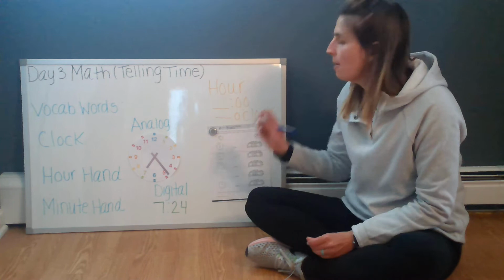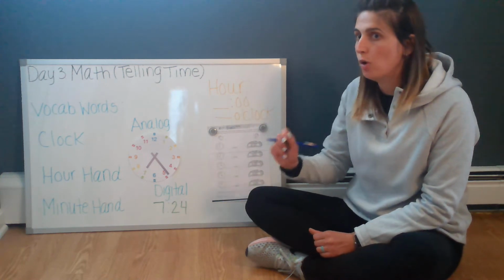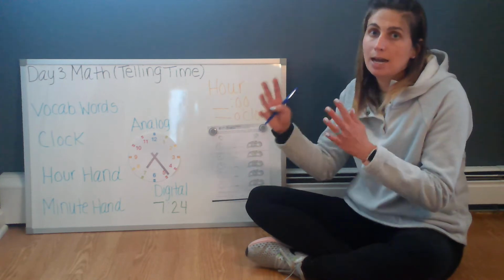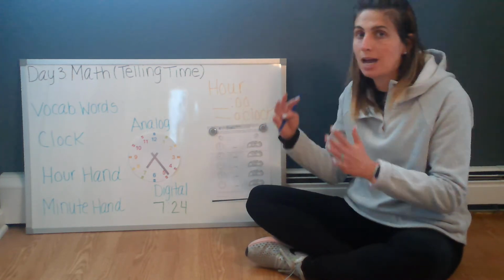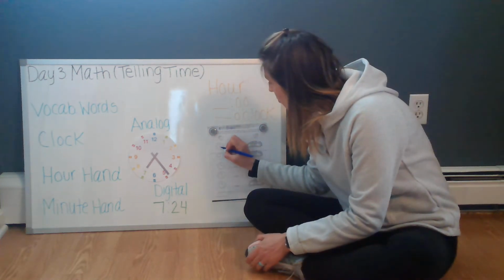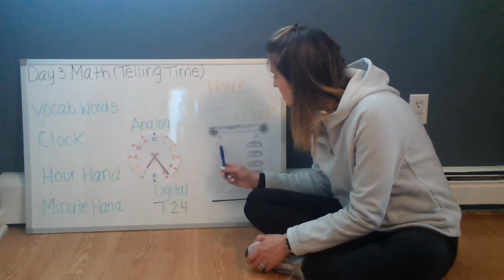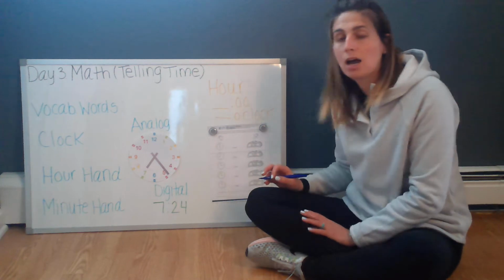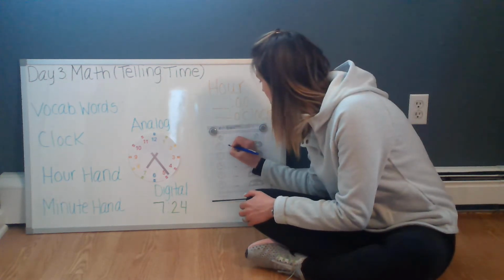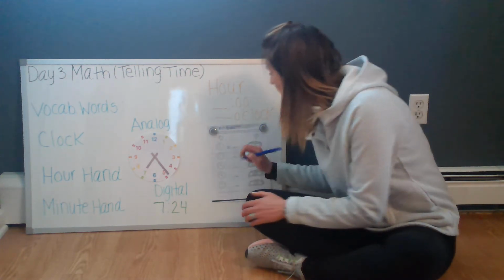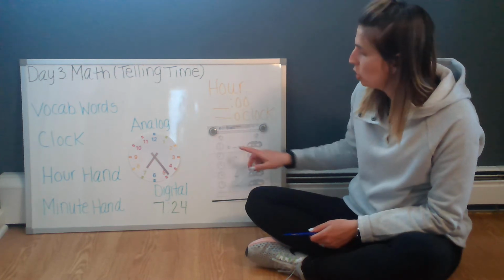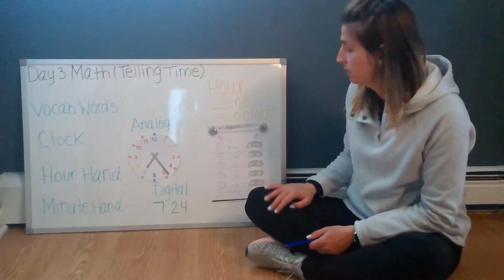Every time that the minute hand is on the 12, we know that it is blank o'clock. So blank:00 or blank o'clock. So remember, the hour hand tells us what hour it is. So over here, my first clock is 6 o'clock. So I'm going to write the number 6 on that blank, indicating that my analog time is showing me that it's 6 o'clock.